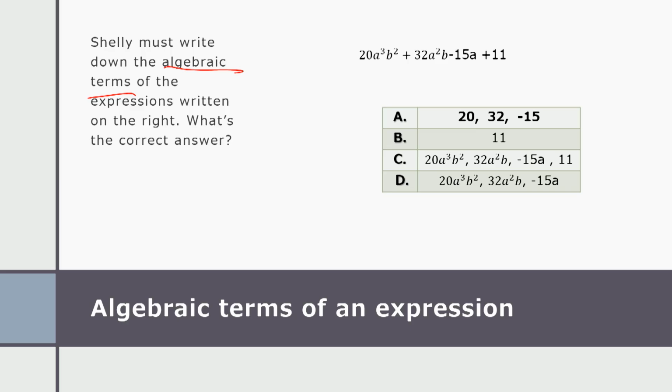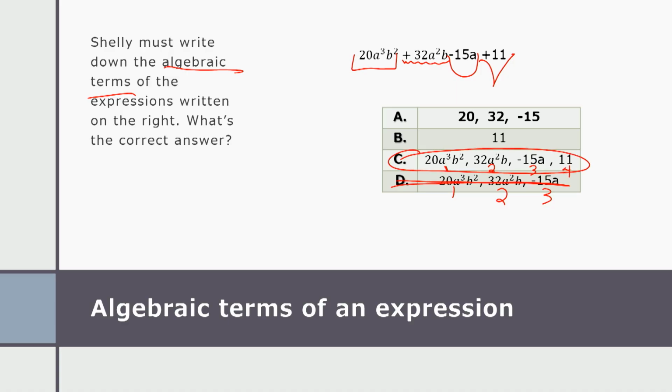So remember, this is a term, this is a term, this is a term, and this is a term. Here is my first term, my second term, my third term. So I know it can't be D. I have my first term, my second term, my third term, and my fourth term. So I know my answer is C.